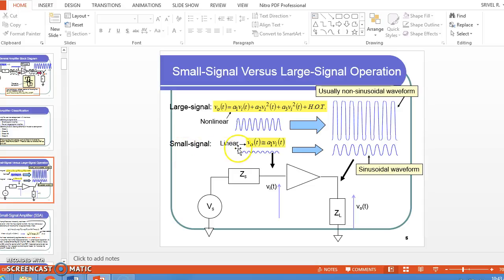For a small signal, the output voltage is approximately equal to A1 into Vi of t. Normally we have a low sinusoidal input that can be amplified with the help of an active component, so we have a sinusoidal output waveform.